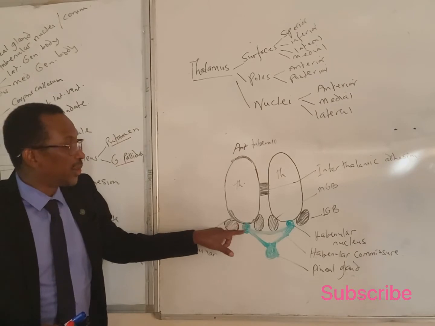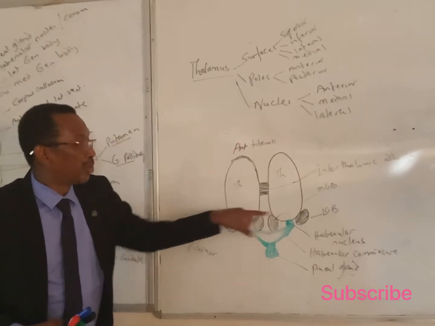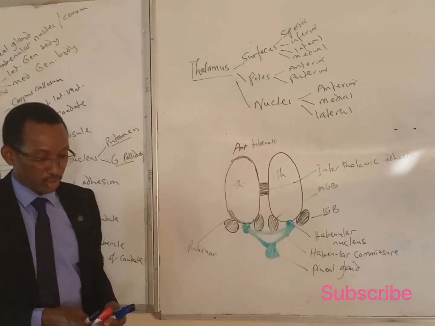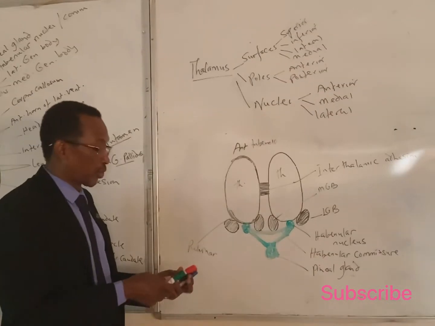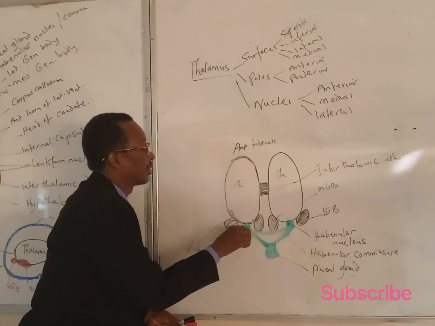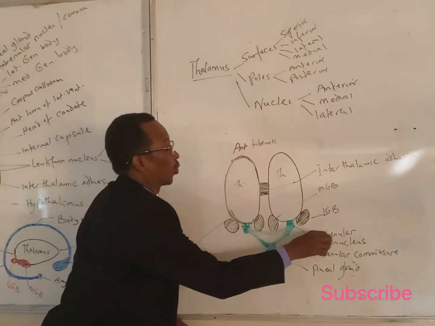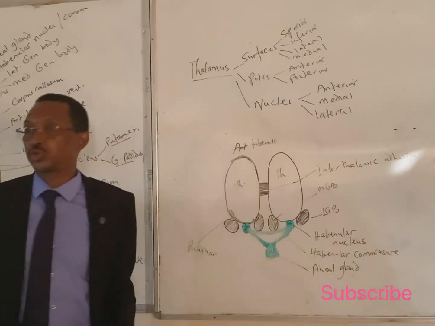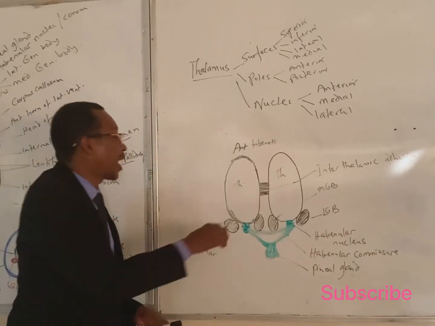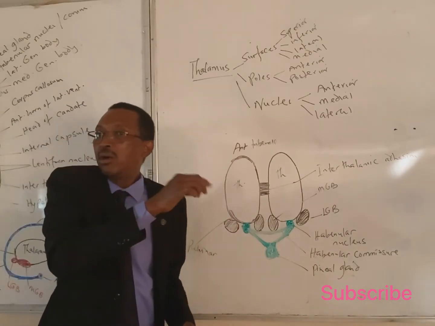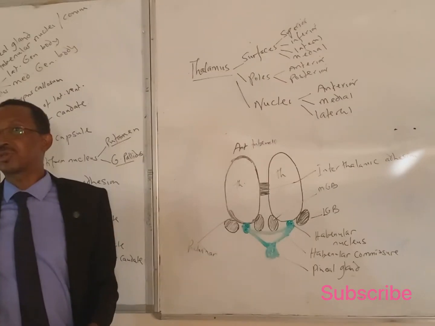At the posterior end, at the pulvinar of each of these two thalami, there is also a group of nuclei. This group of nuclei on either side is what we call the habenular nucleus. So the habenular nucleus lies at the back of each thalamus.